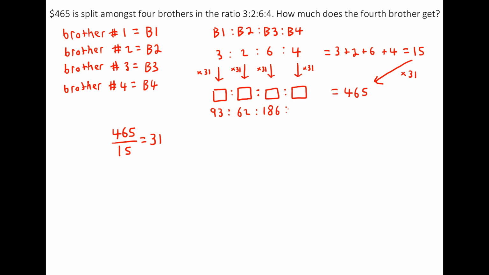And 4 times 31 is going to be 124. So to answer my question, how much does the fourth brother get if I'm splitting all of this money of 465 between four brothers? Well, that means brother 4 is going to get $124.